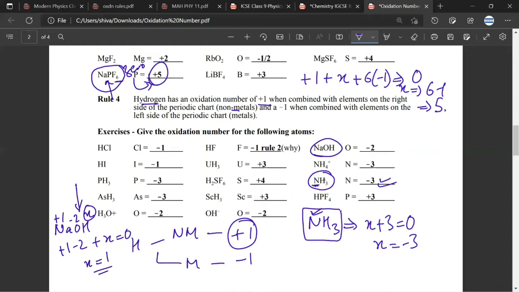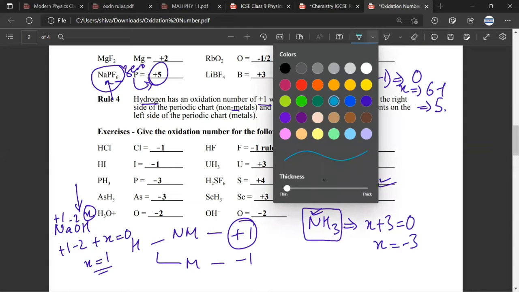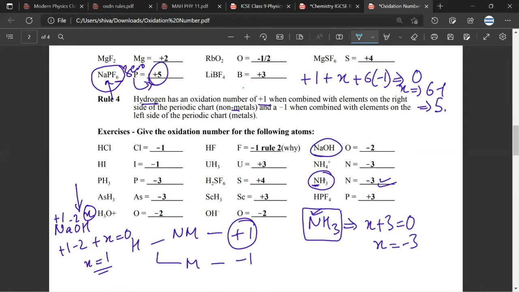But now one thing that we would have observed is that if I take the example of NaOH, Na consists of Na positive and OH negative.